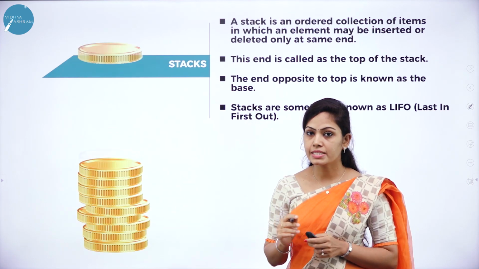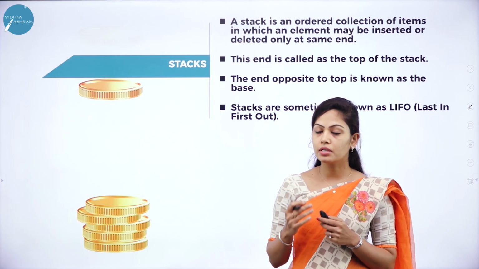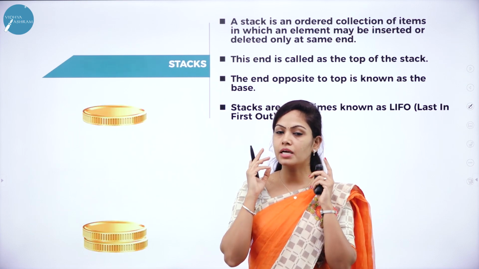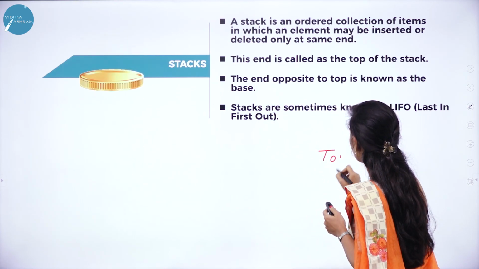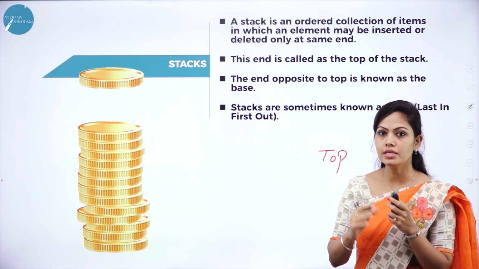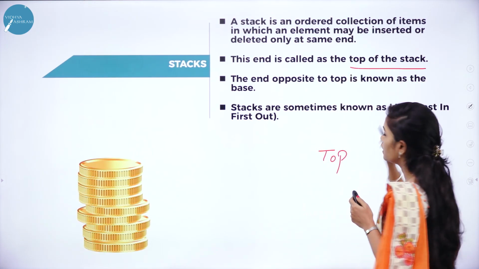A stack is an ordered collection of items or elements where inserting an element and deleting an element take place at the same end, called the top of the stack.